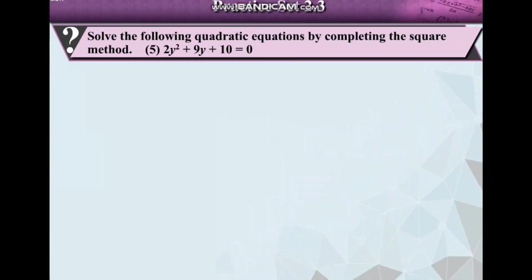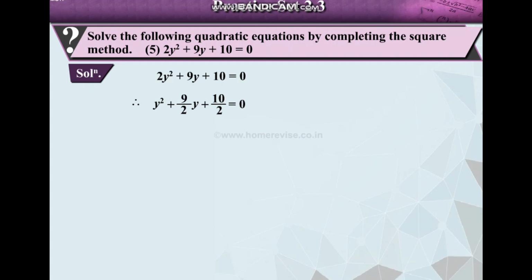Five. 2y square plus 9y plus 10 is equal to 0. Solution: 2y square plus 9y plus 10 is equal to 0. Therefore, y square plus 9 upon 2y plus 10 upon 2 is equal to 0, so y square plus 9 upon 2y plus 5 is equal to 0.